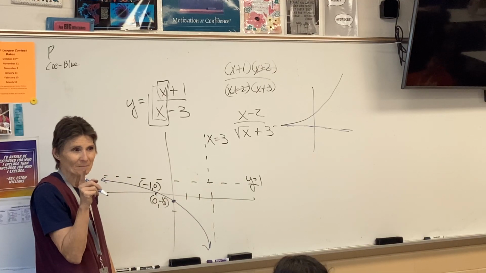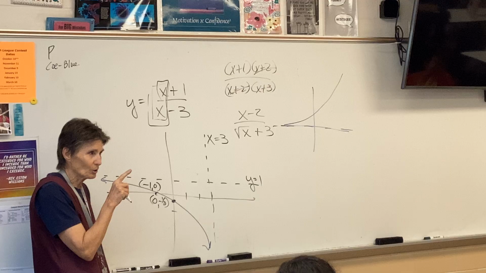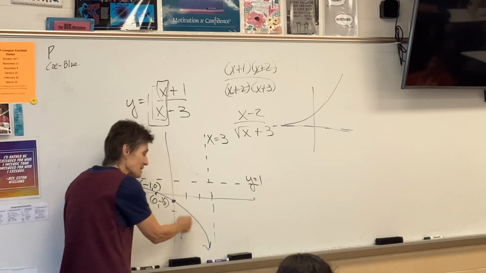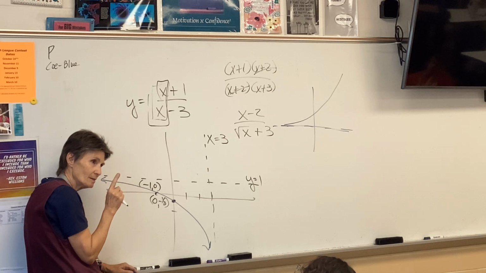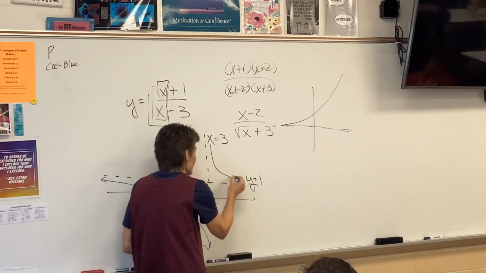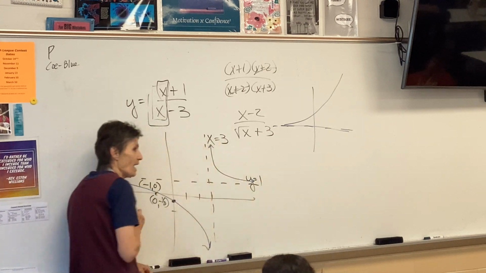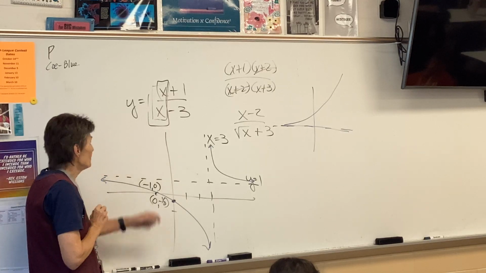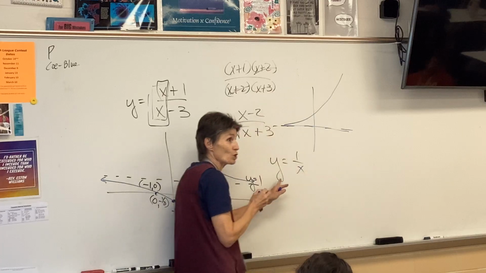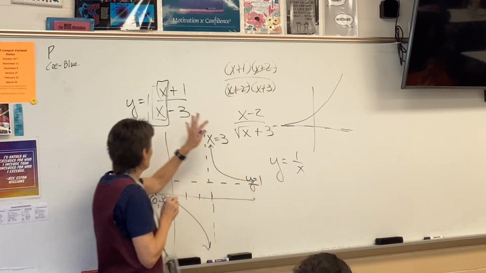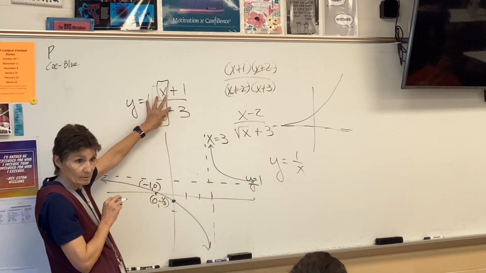Reciprocal. What does a reciprocal look like? Doesn't it have a piece that looks like this? And then it has what else? Another piece that looks like that. This, the reciprocal function, remember, is a fraction.